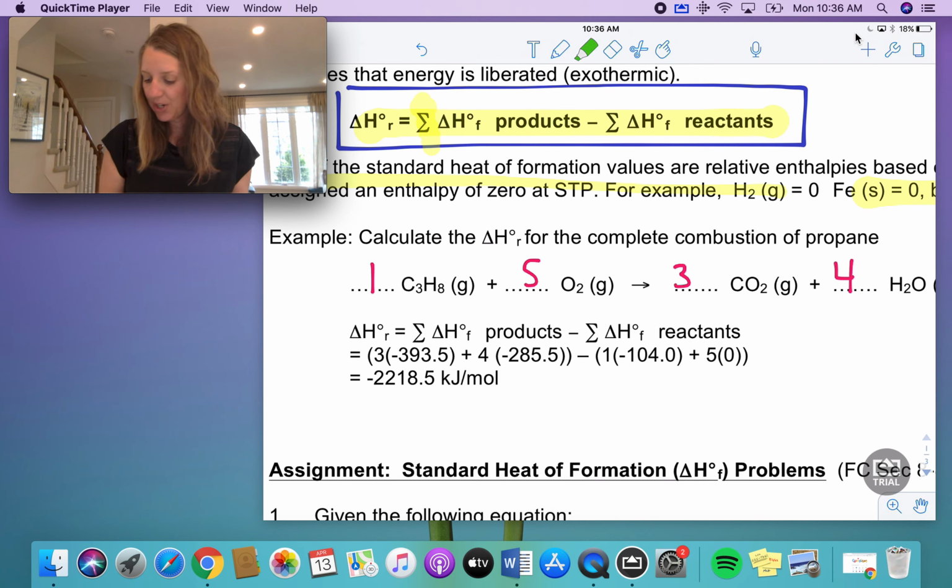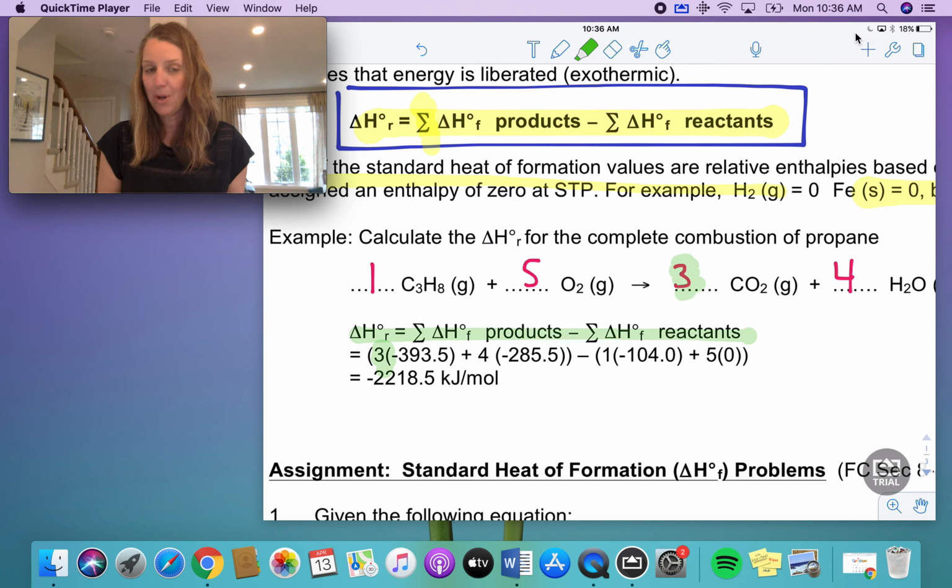And so then your enthalpy of the reaction is going to be the sum of the standard heat of formations of the products and factor in your stoichiometry there. So if you've got 3 moles of carbon dioxide, can you see there where the 3 is going to factor in?